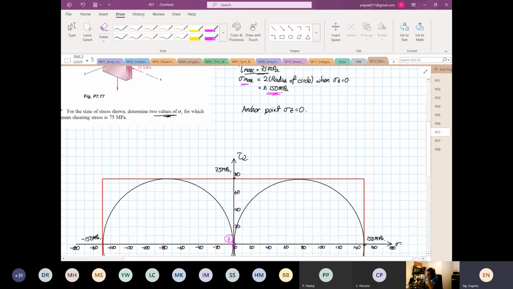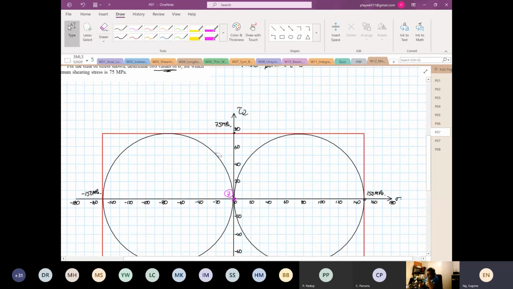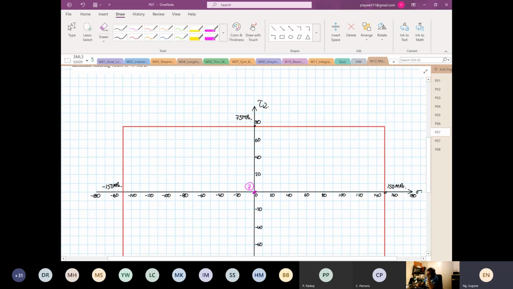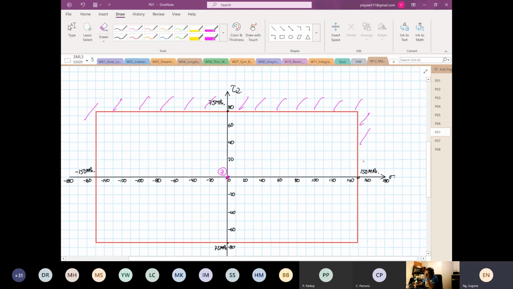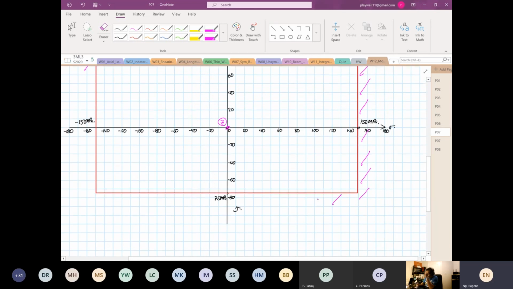So number 1. Now I'm going to get rid of this. If your circle goes beyond this point, beyond here, your material will yield. When I say yield, it means it goes into the plastic region for ductile material. For brittle material, it might even break. So your circle cannot go out there.